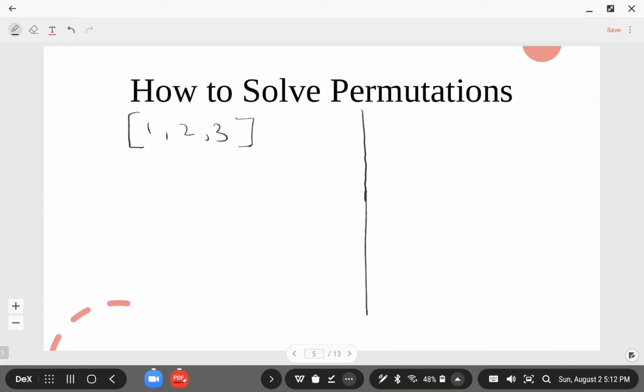And without me telling you how to solve the permutations, try to do this mentally, okay? Try to do this mentally before I even show you how to solve permutations.